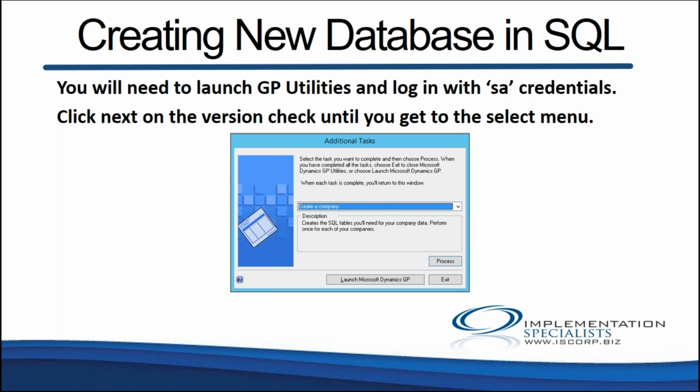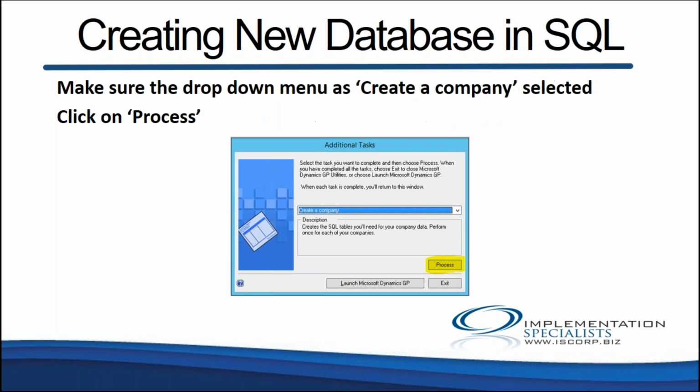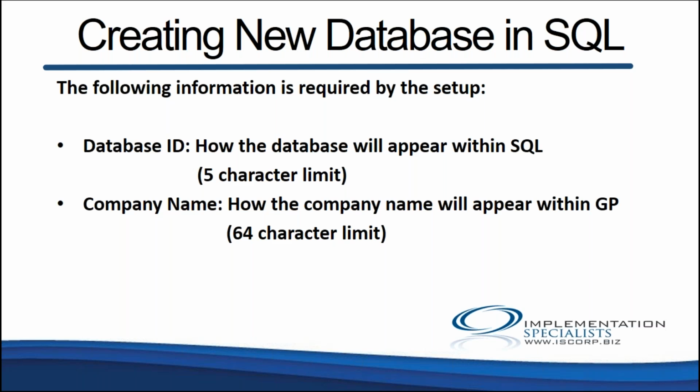That's just to help cut down on communication or network issues that may interrupt it. Better to always limit what can go wrong here, so your chances of it going right are increased. All right. Make sure the drop-down menu says create a company, which it should default to, and then click on the process button, the one that I have highlighted in yellow there.